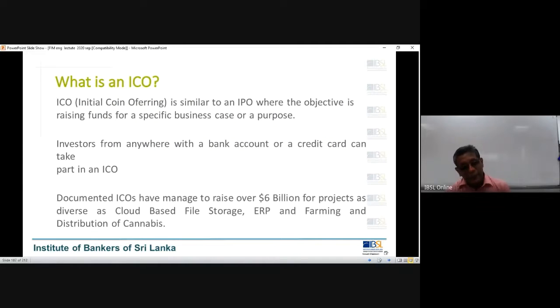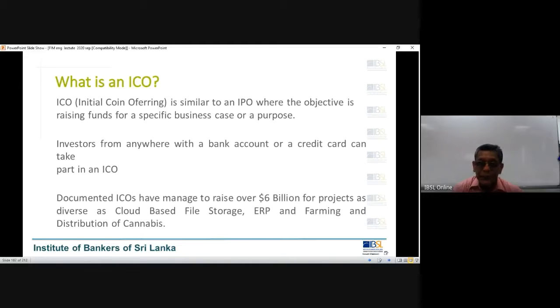Then there's another one, a new one, what you call ICO. It is not much used in Sri Lanka, but it's a novel way, right? Remember, ICO means initial coin offering. It is similar to IPO, an initial public offering, by which a private company goes public by selling stocks, like issuing shares.